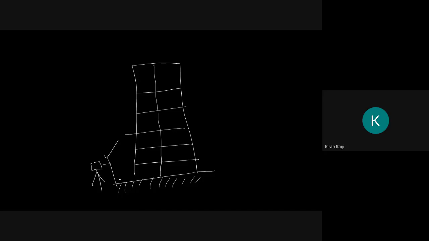Okay, this is my staff. Staff is nothing but a scale. It is like the same scale only. Here it is showing the level as 100 meter. Okay, the height of the building is 3 meter.